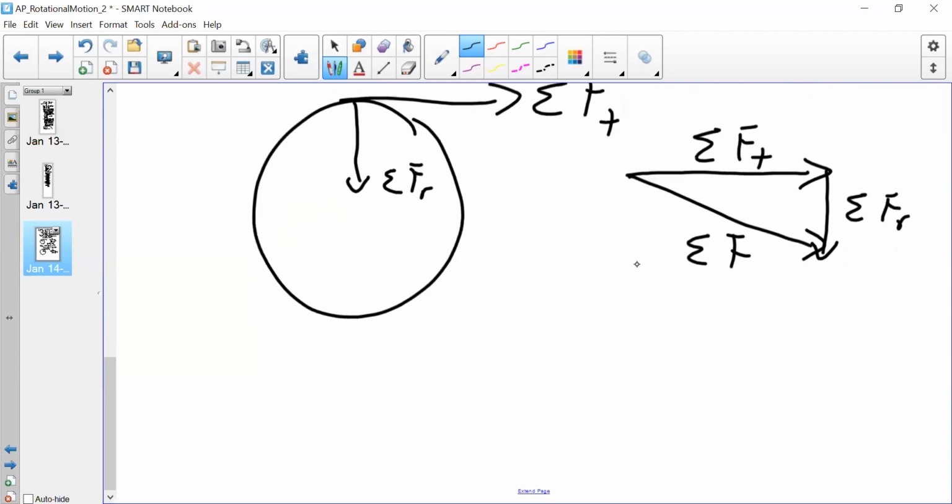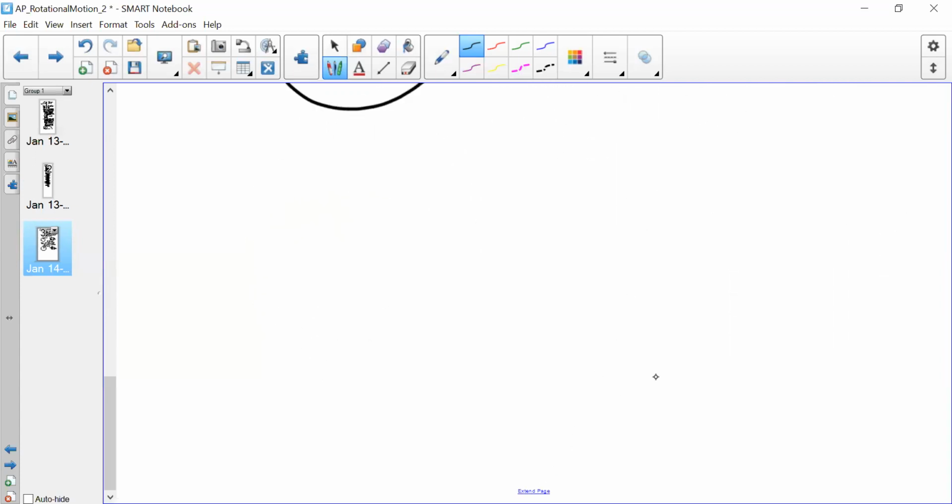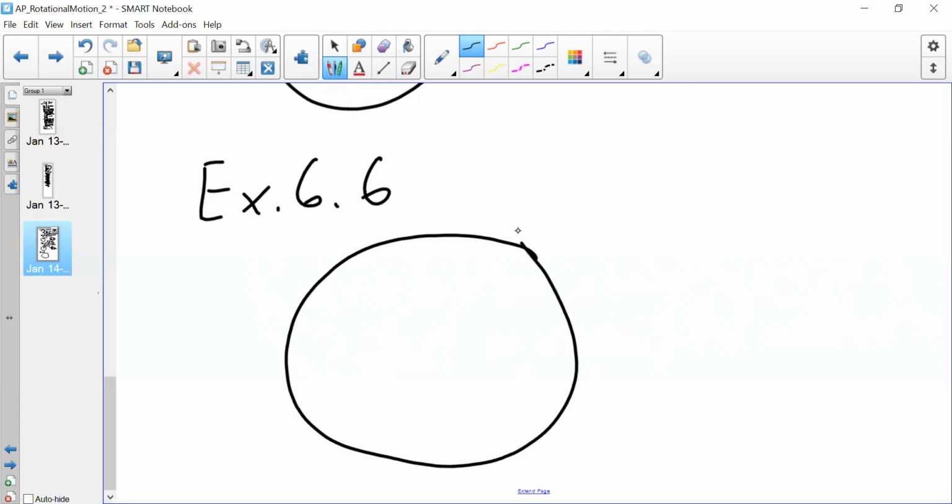Okay, so quick example of this non-uniform circular motion goes to example 6.6. So we're going to determine the tension in this cord, this ball attached to this string whirling around a circle. So we got this going on.